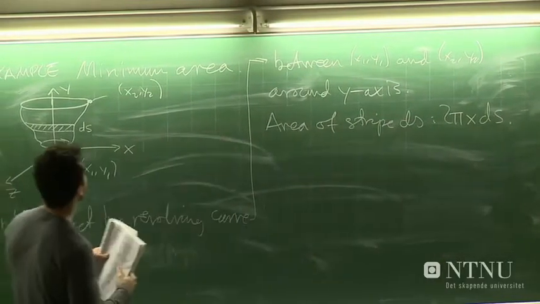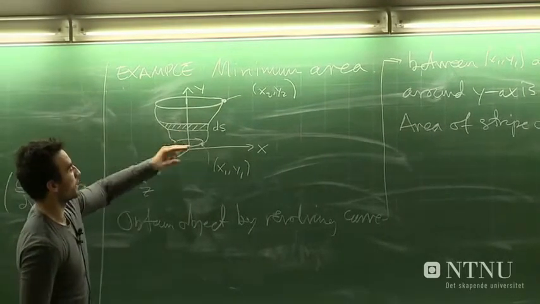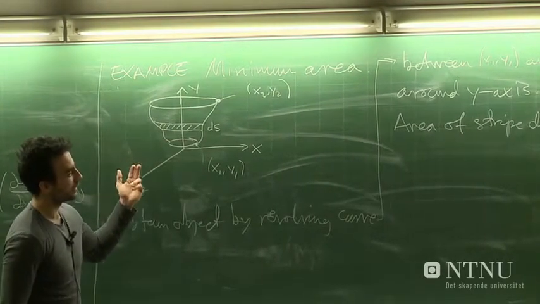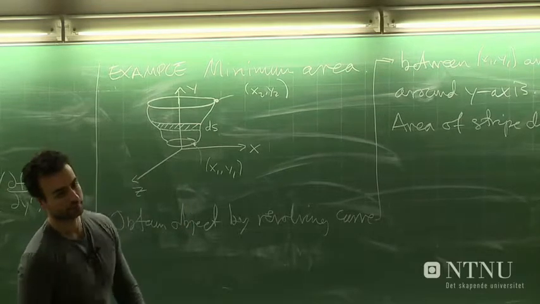Then the area of this sort of cylindrical segment is just 2 pi x ds.